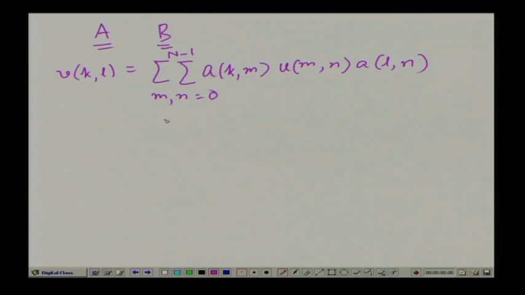And in matrix form, this equation can be represented as V equals A u A transpose, where u is the input image of dimension capital N by capital N, and V is the coefficient matrix again of dimension capital N by capital N, and the matrix A is also of dimension capital N by capital N.